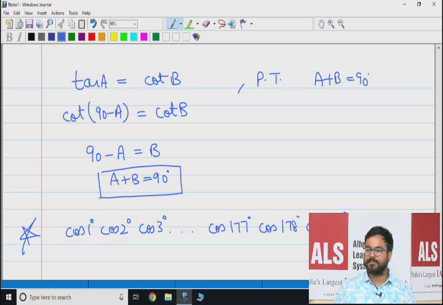Just think properly. Sisipur Center, what do you think? What is the answer for this one?